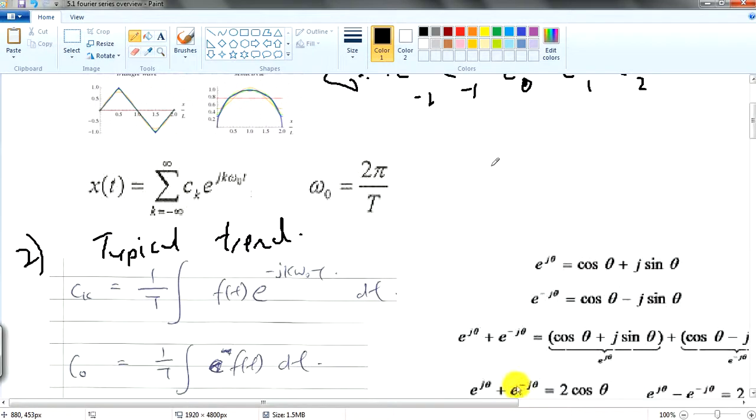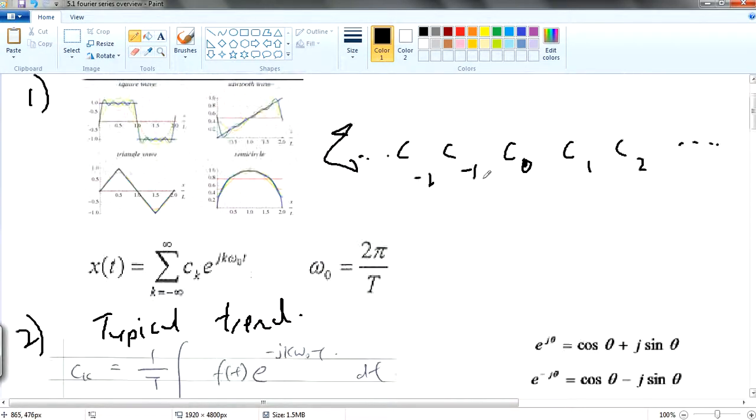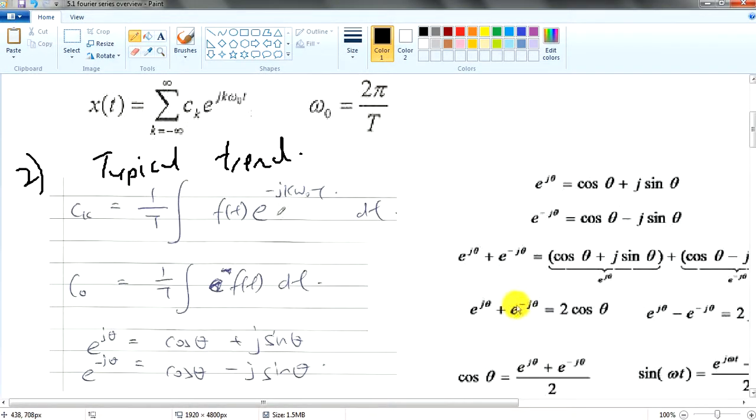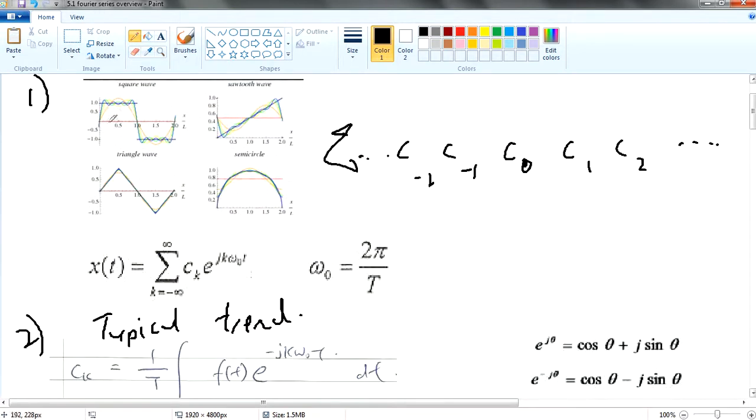So the equation for this series, let's say c_k, uses this formula: 1 over T, which is 1 over the period, and then you integrate across the whole area under the curve. As I say, if you integrate f(t), you're just integrating the area under the curve, and then you divide by the period.